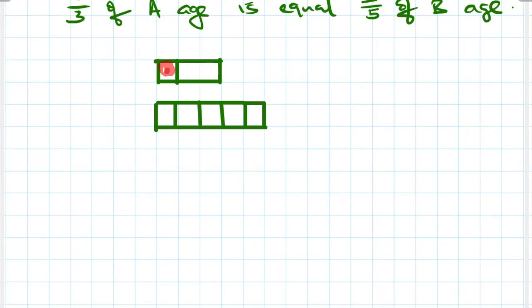This 1 is actually equal to this 2/5. Correct or not?